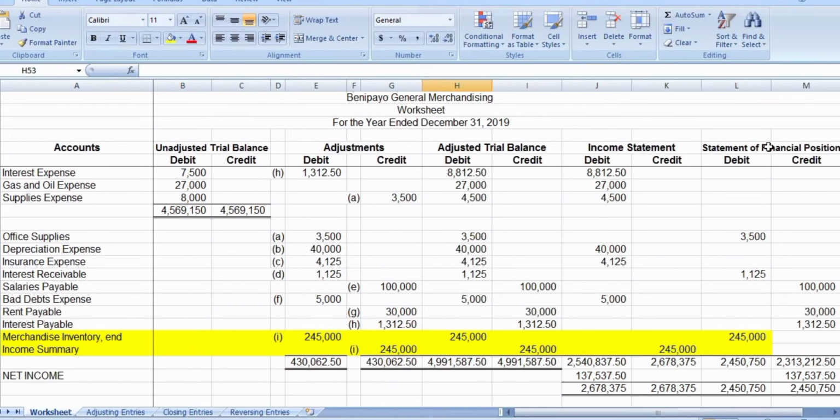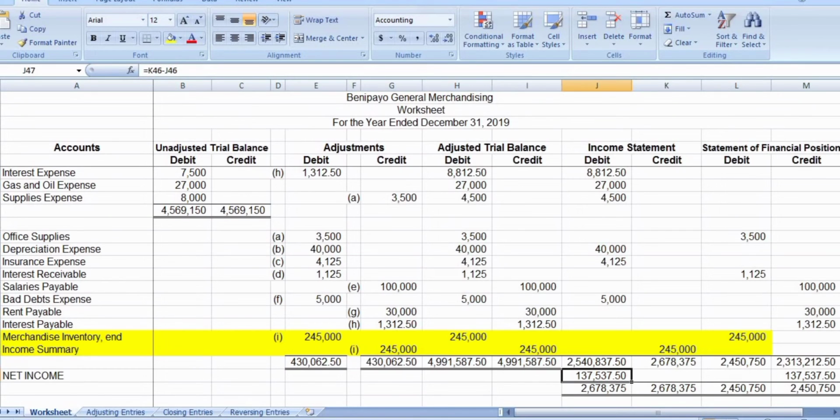Likewise, the total debit and the total credit of the statement of financial position columns must not be equal, unless the business broke even, meaning unless there is no net income and no net loss. After getting the totals, get the difference between the total debit and the total credit of the income statement columns and write that difference under the smaller amount.